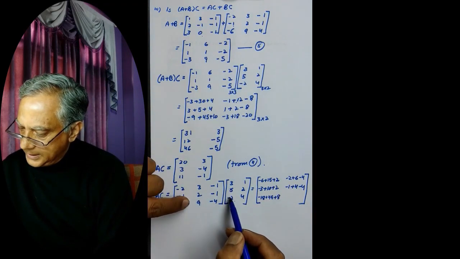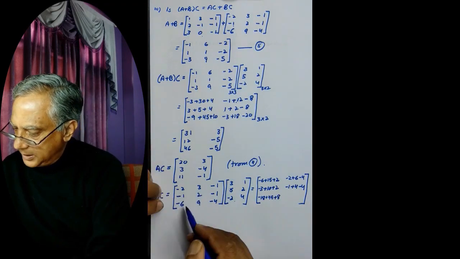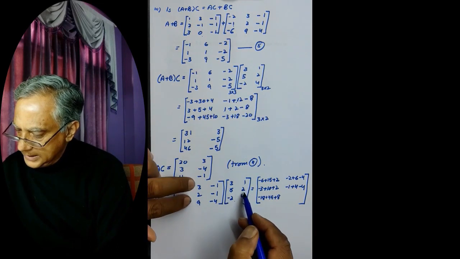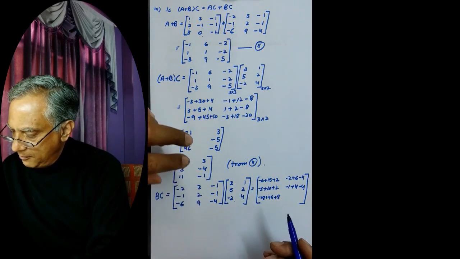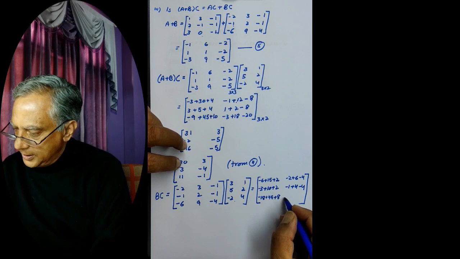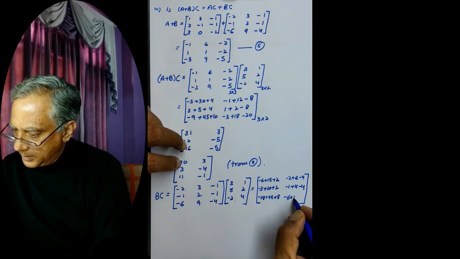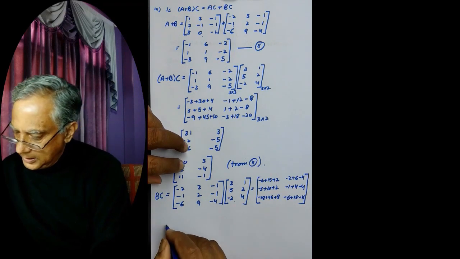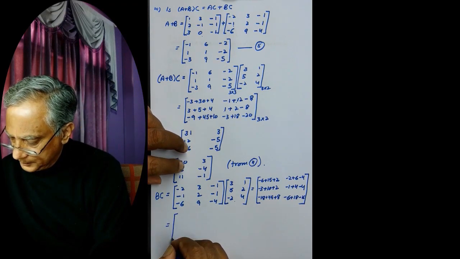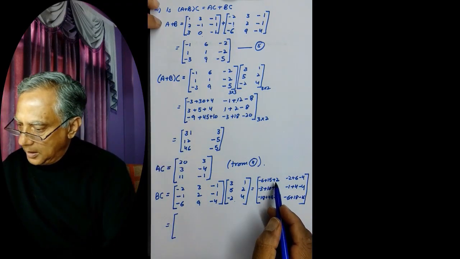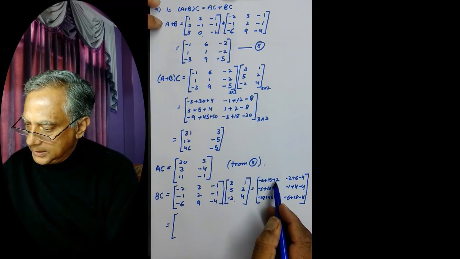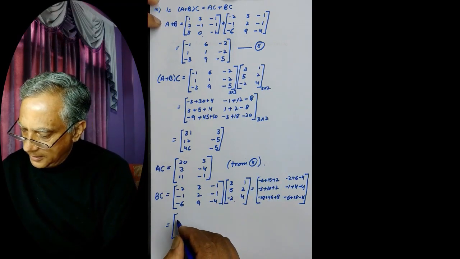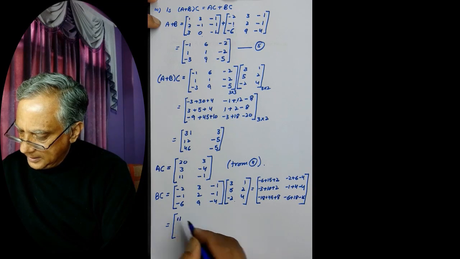This minus 6 plus 18 minus 16. This is equal to, now this is 17 minus 6. 17 minus 6 is 11.